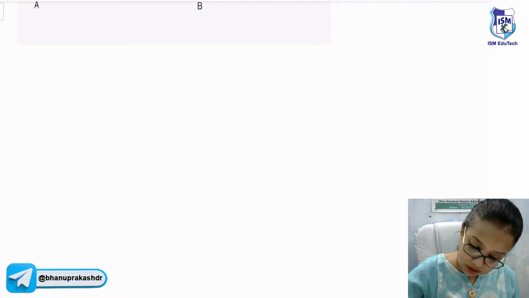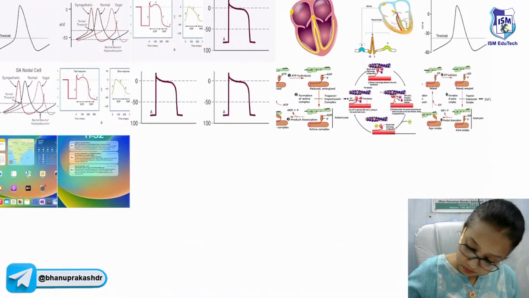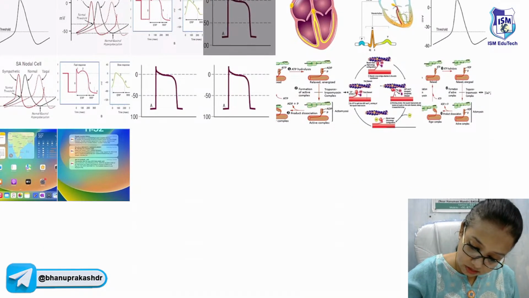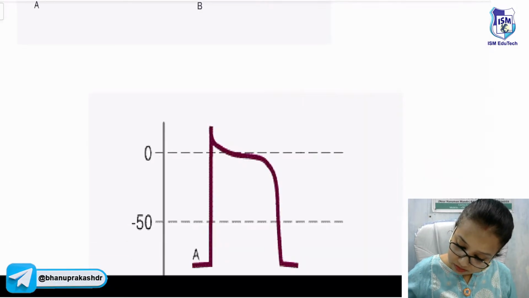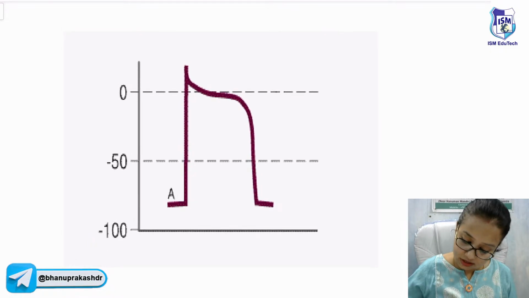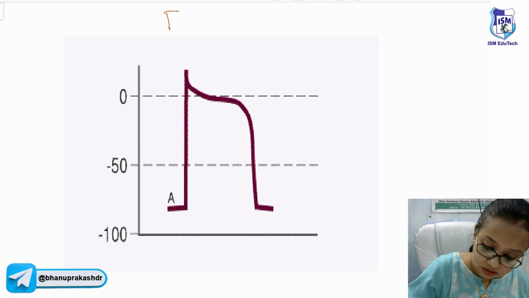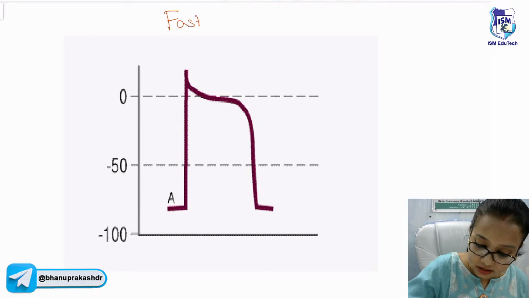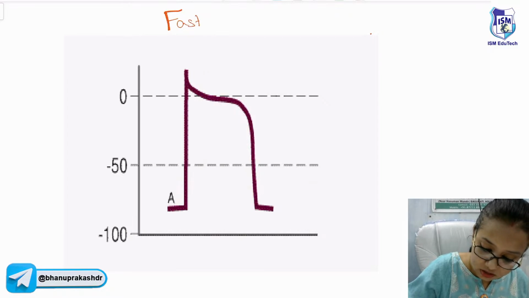So going to the first picture. This is our first graph, which is our fast response graph, the fast type or the fast response.